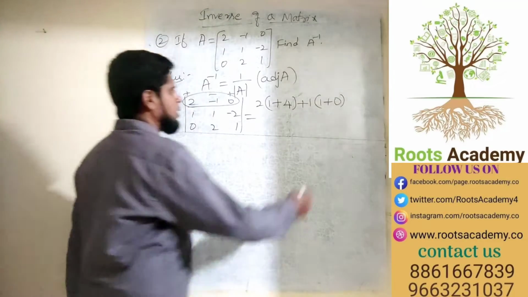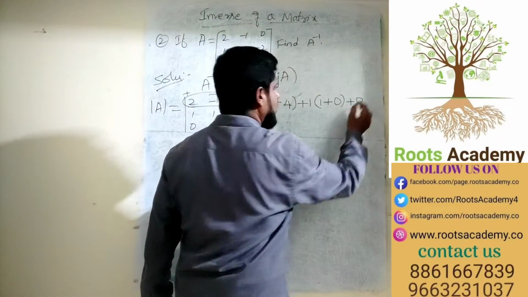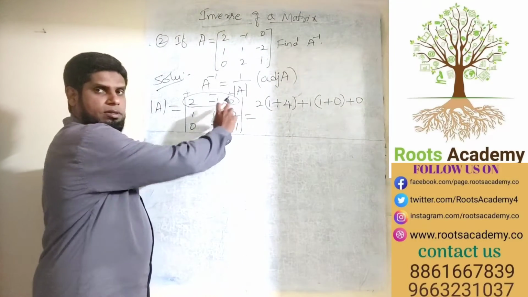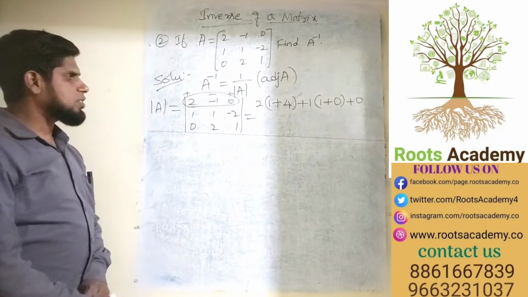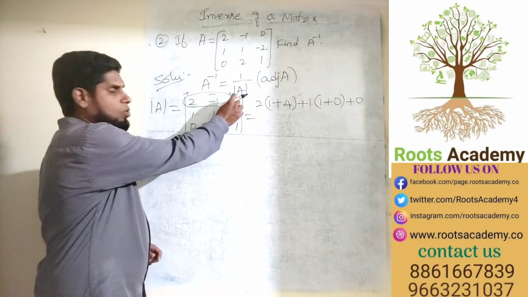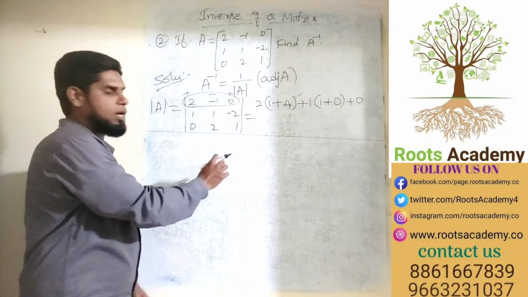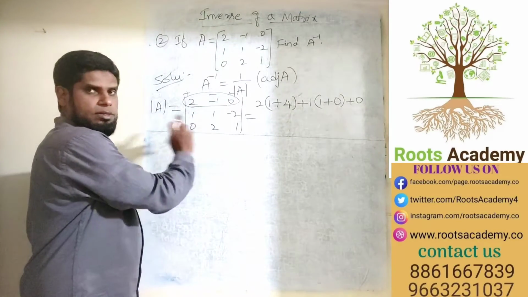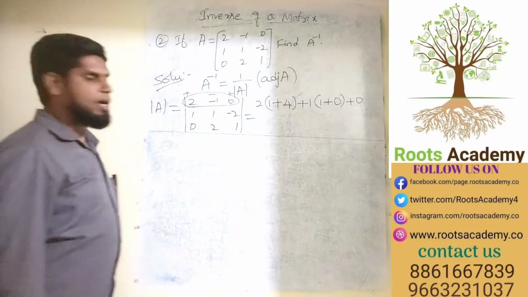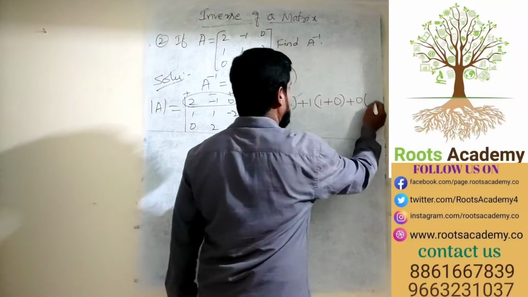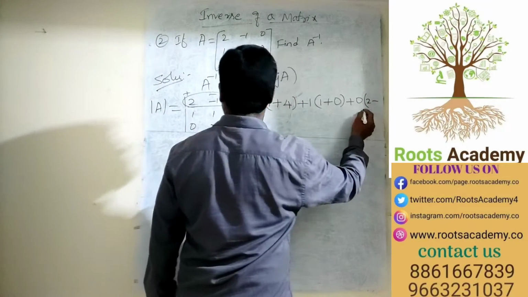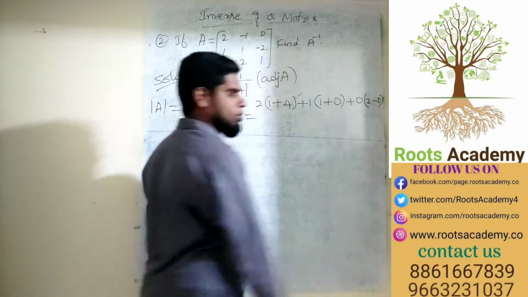The next plus, student, here 0 will come. Anything multiplied by this 0 is 0, so we can directly avoid it, but here let me write 1 into 2, it's 2, minus 1 into 0, it's 0.